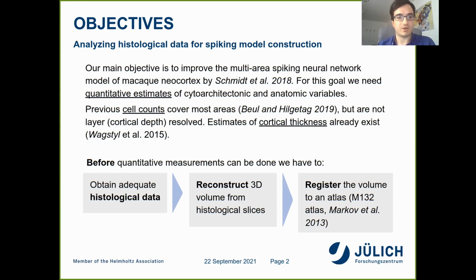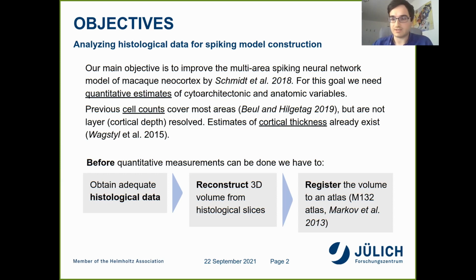And what we require would be very accurate cell counts for all of the areas across the macaque cortex. And this unfortunately does not exist for every area, and especially not in a layer-resolved fashion, which is then what we are trying to obtain with this reconstruction.